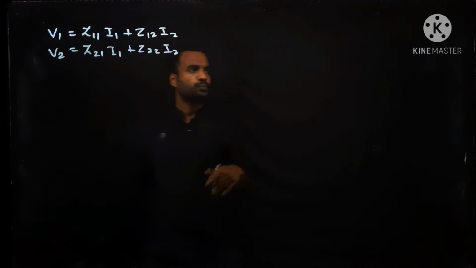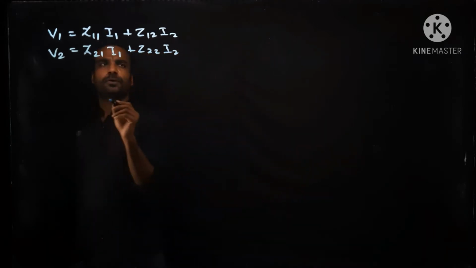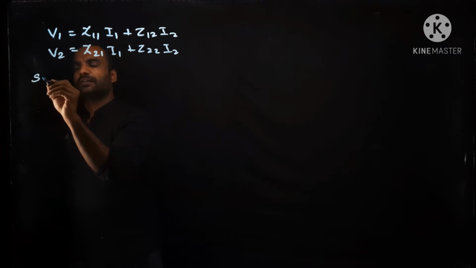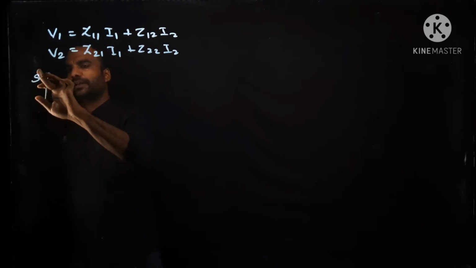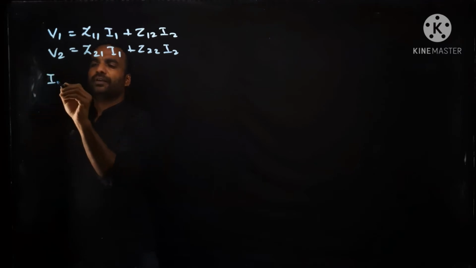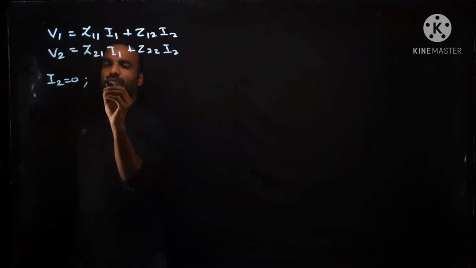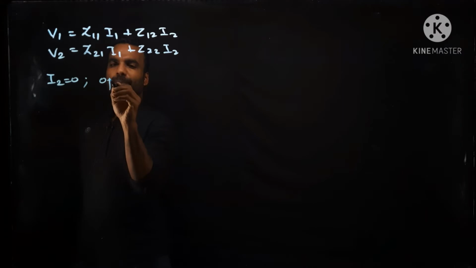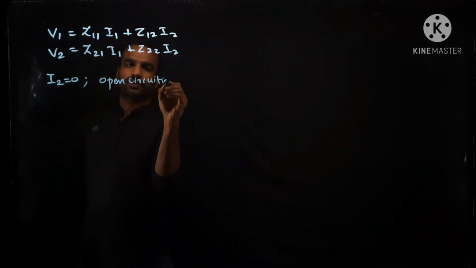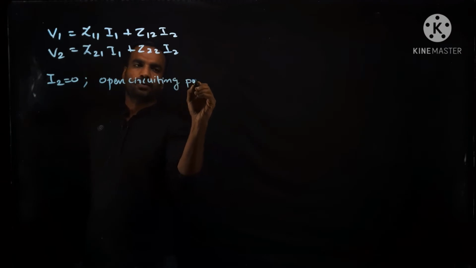Now we are going to make I2 equal to 0, that is, open circuiting port 2.